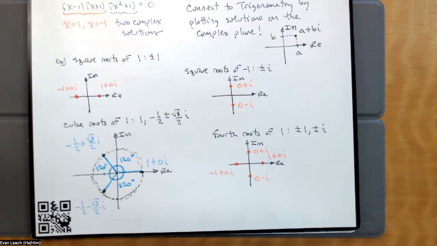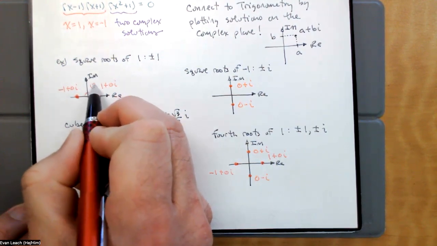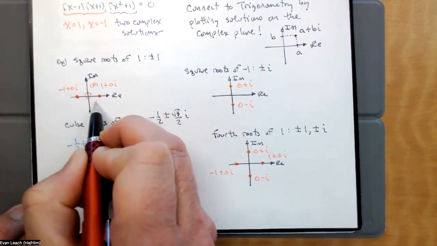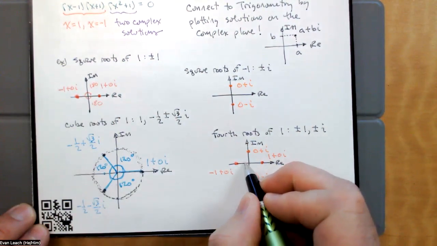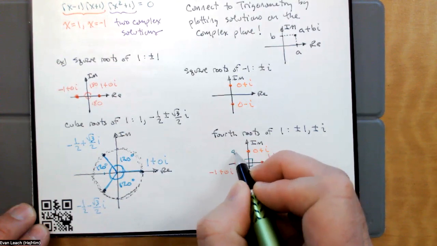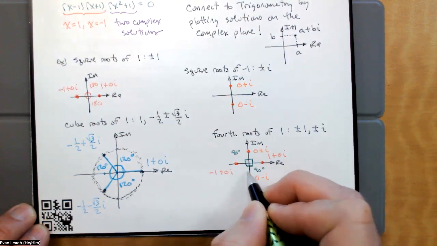They'll be evenly spaced around the circle. Since the circle is all 360 degrees, if we need to put three things there, 120 degrees apart. If we need to put 2 things there, 180 degrees apart. If we need to put 4 of them, 90 degrees apart. But they're always evenly spaced.